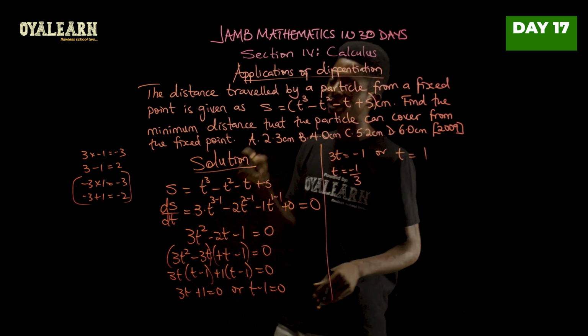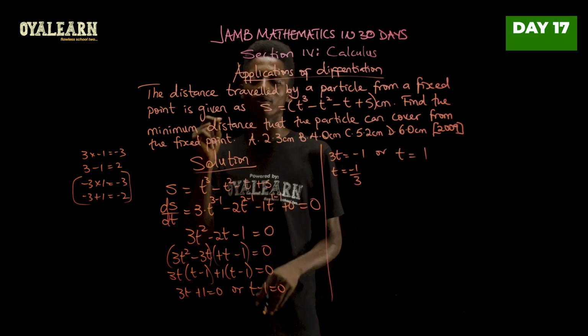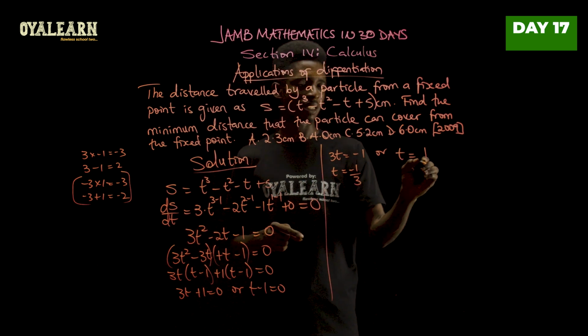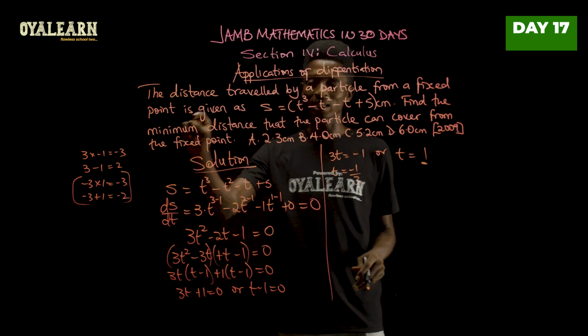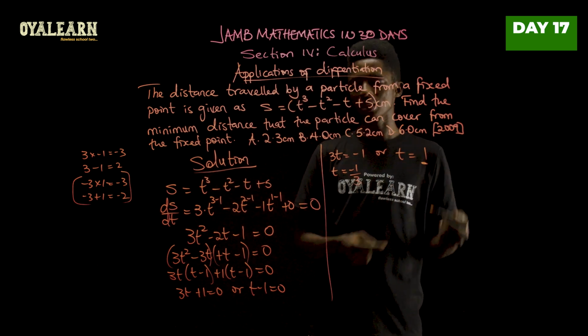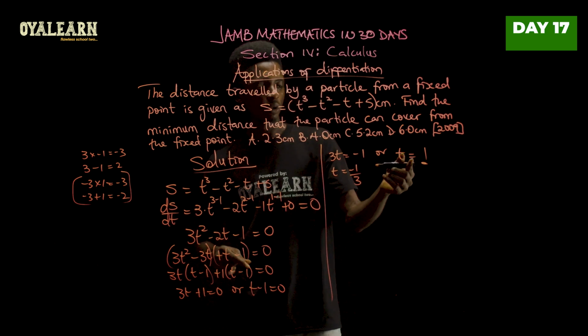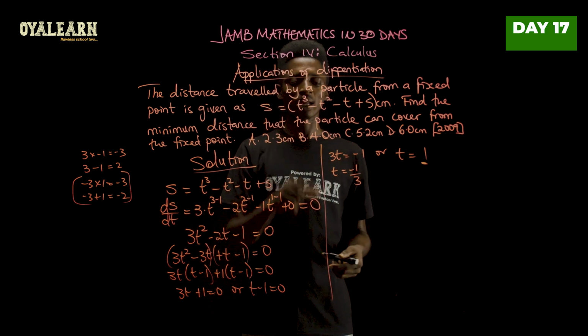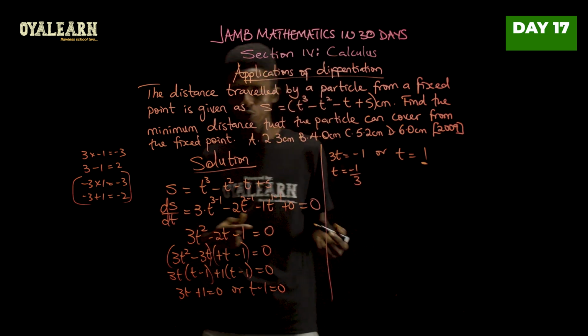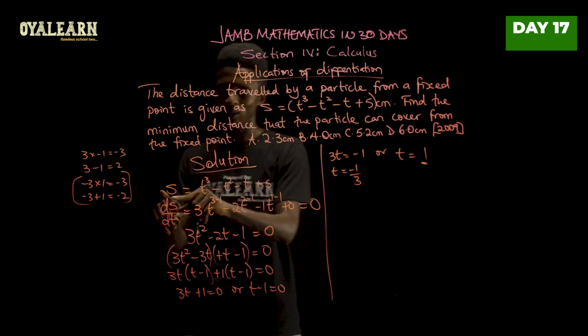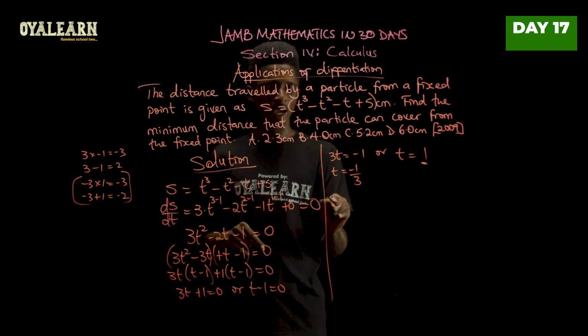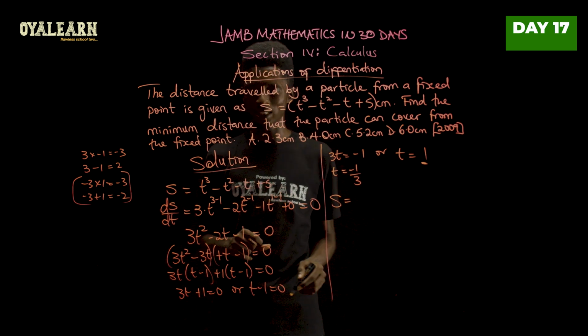So since we are seeking to find the minimum value, we're going to take the positive side. Because the question says minimum, for minimum we take the positive side here. So we take when t is 1. So we're then going to plug that into the equation itself. So s will then be when t is 1.